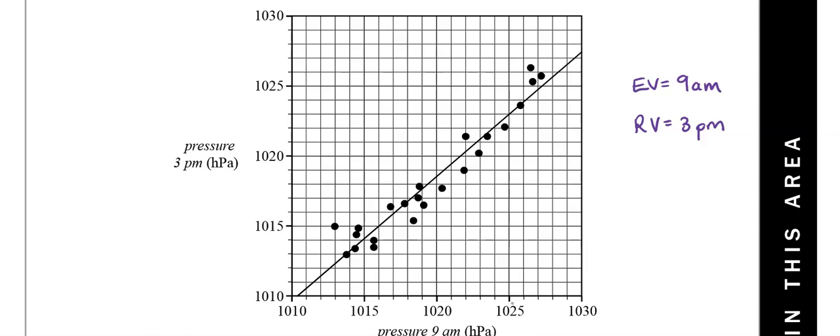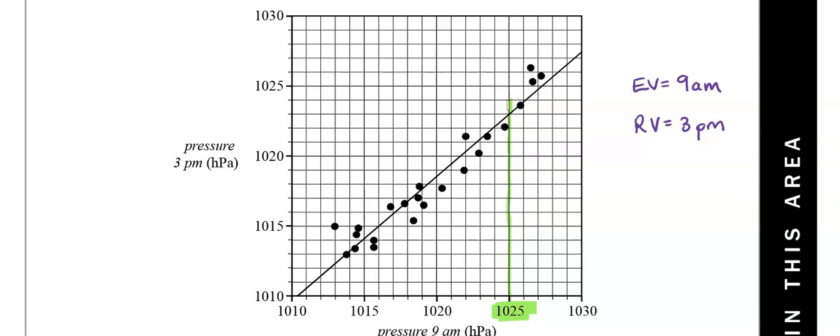So we're looking for 1025 on our explanatory variable axis, and checking that that value is within our data range, and it is. So that means that it is an interpolation because it's inside the given data range.